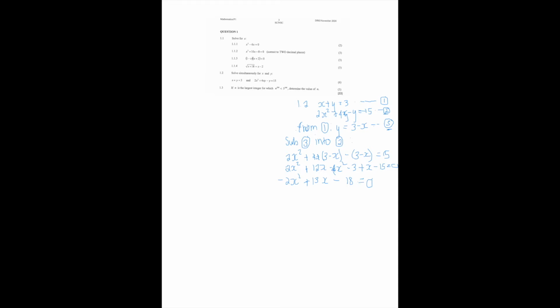Okay, so let's just rearrange this. That would be 2x squared minus 13x plus 18 is equal to 0. So if we factorize this, that would be (2x - 9)(x - 2), right?